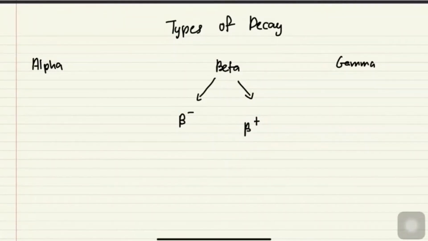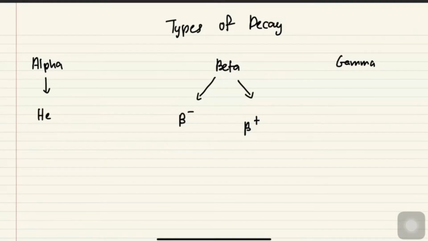And then alpha normally releases an alpha particle. We can put its symbol as helium or alpha itself. The important thing is the number, 4 and 2. You really have to memorize the symbol and its numbers. For beta, you can write it as beta minus or as an electron, elementary charge.